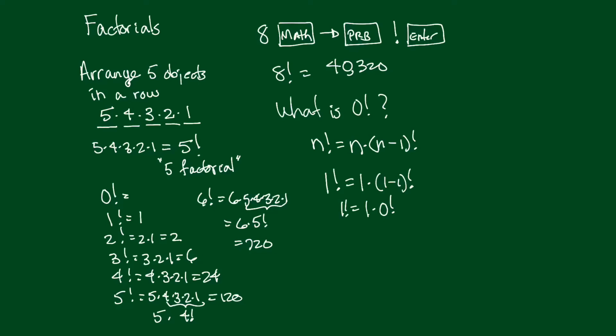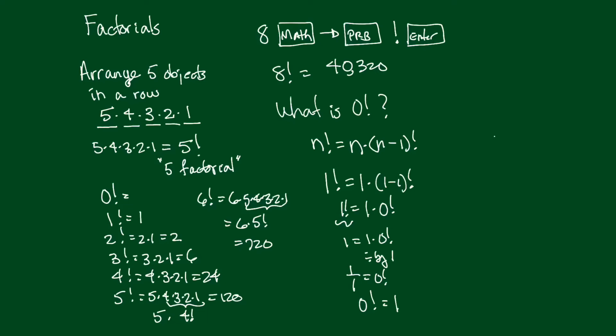So here's where we are. 1 factorial is equal to 1 times 0 factorial. That side is 1, equals 1 times 0 factorial. Now if you divide both sides by 1, you get 1 over 1 is 0 factorial. So 0 factorial is equal to 1.